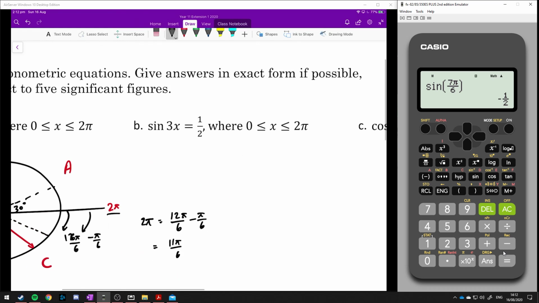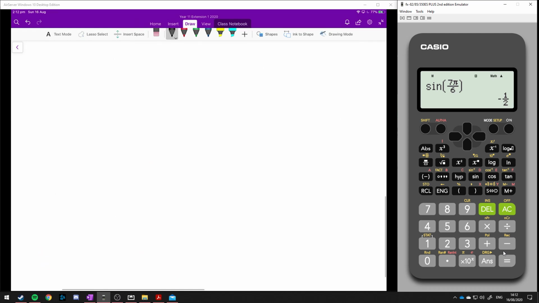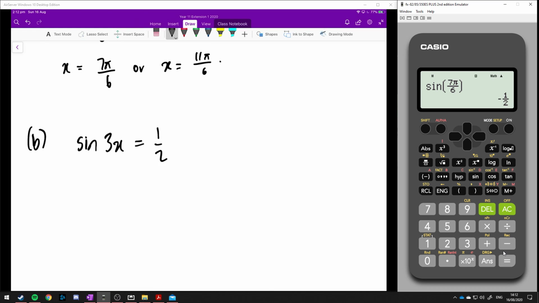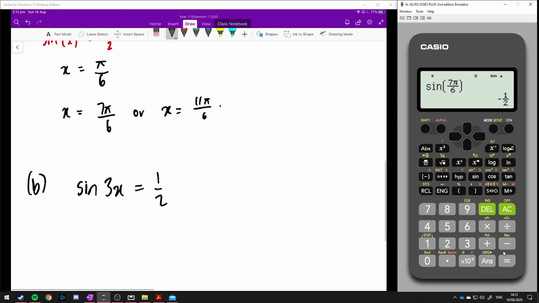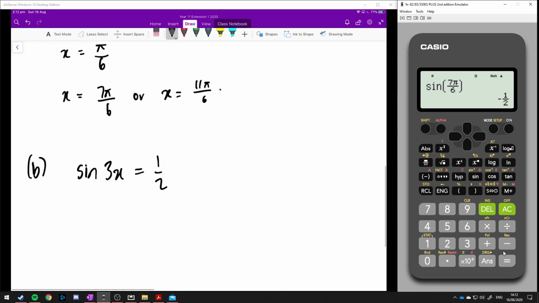Now part B: sine 3x is equal to a half. We want to look for where it is between 0 and 2 pi.